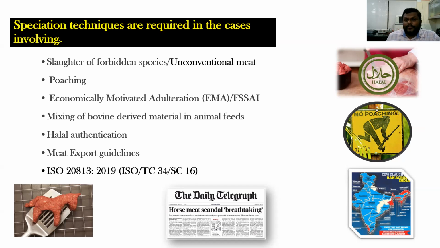Another issue for which we receive samples is mixing of bovine-derived materials. This is mainly connected to import and export clearance. Some of our colleagues are working on animal quarantine and certification services at the port, especially airports.